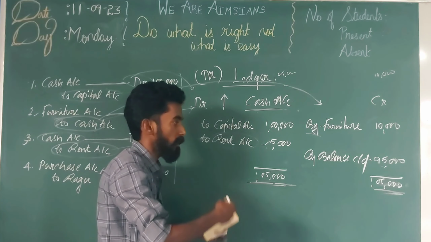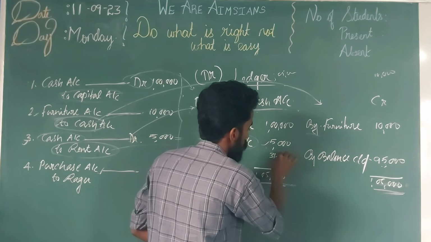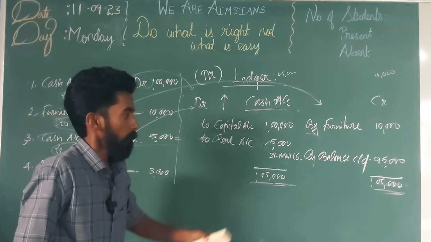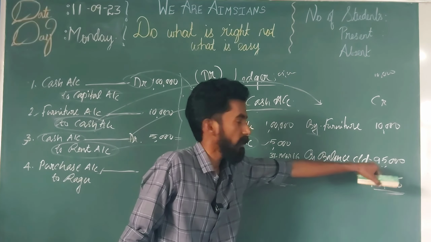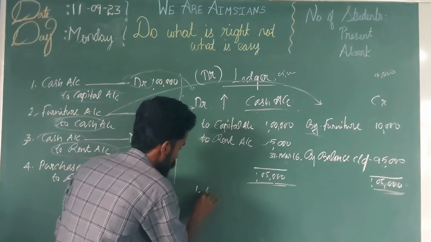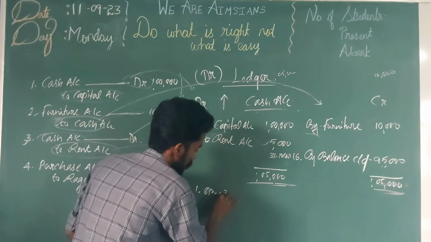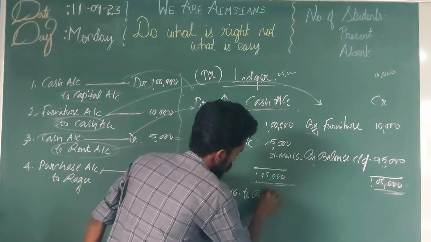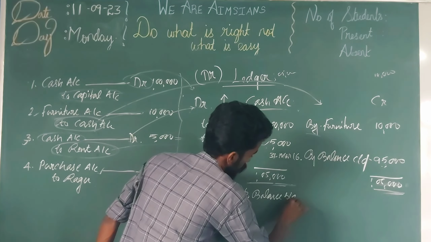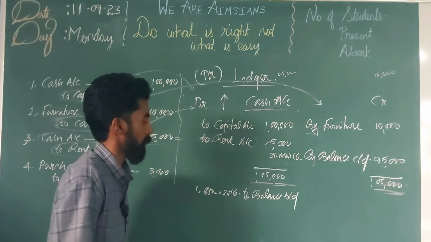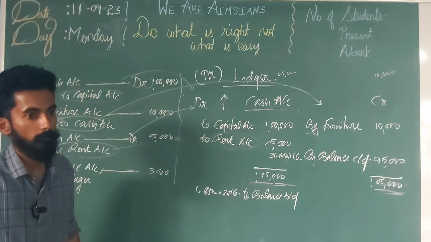So suppose this is 31st March 2016, by balance carried down is 95,000. Then next year, that means the next year begins on 1st April, same year 2016. What do you have to write? To balance brought down. How much will it come? The same amount, 95,000 will come.